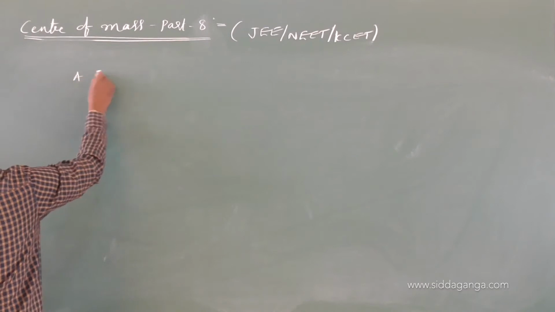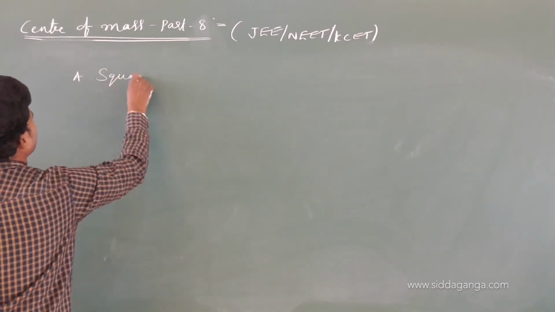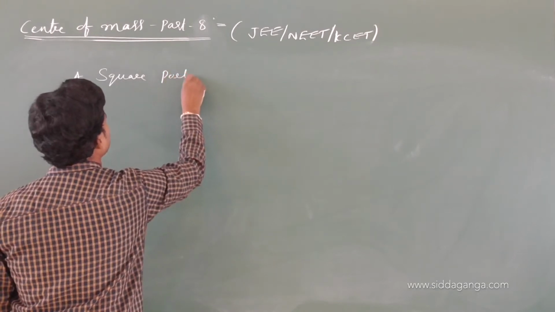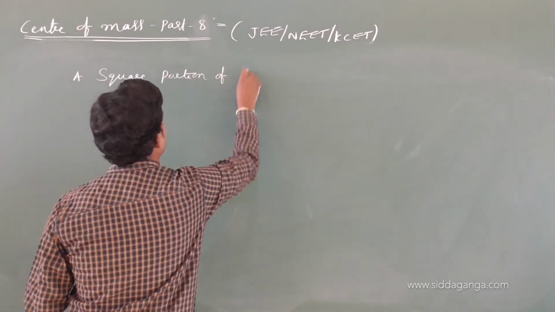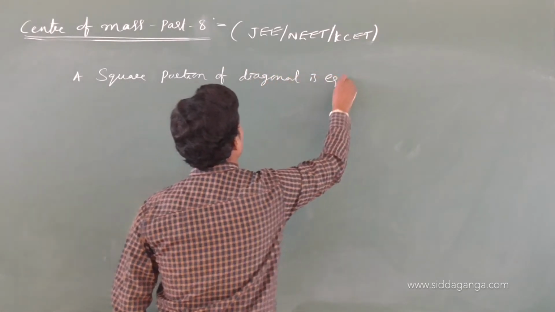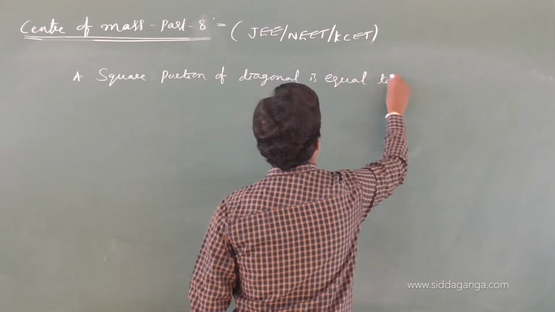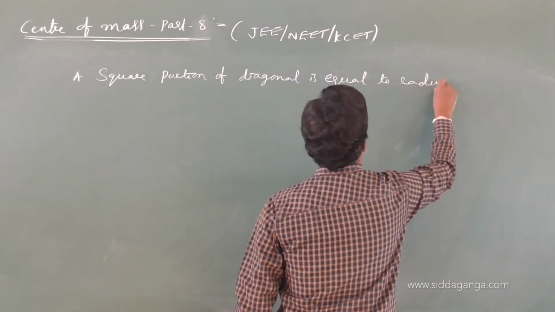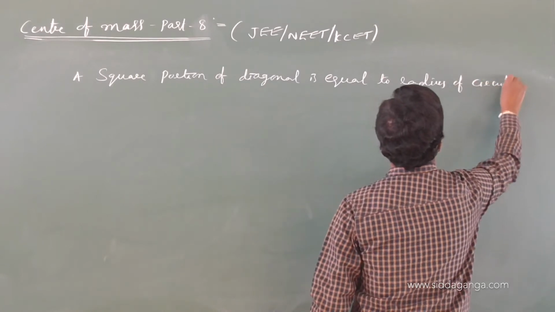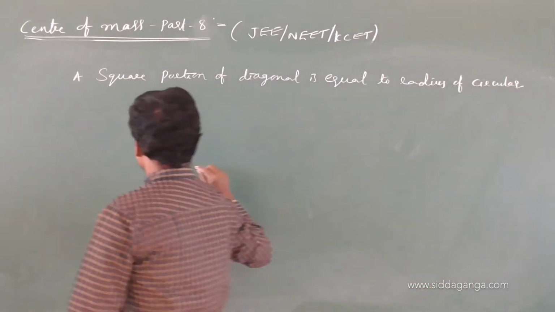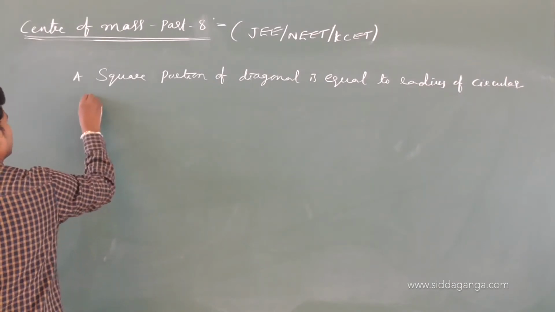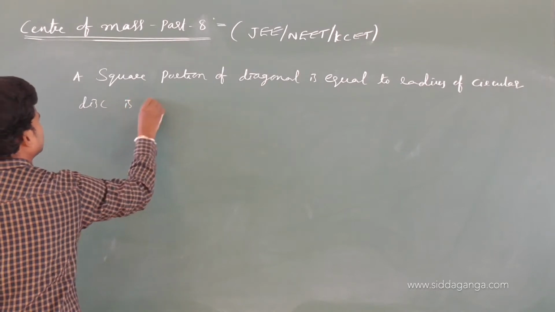A square portion of diagonal equal to the radius of the circular disc is cut as shown.